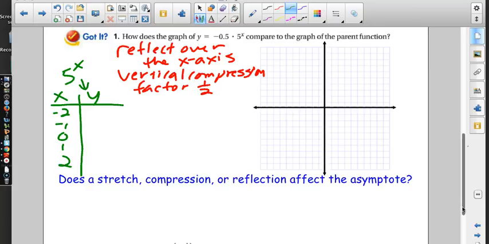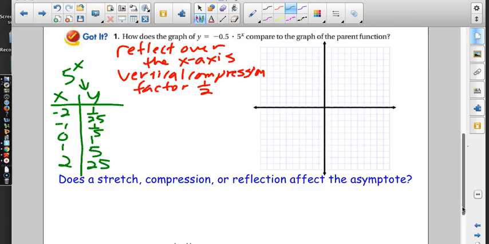Okay. So 5 to the -2. Got to flip it and make it 1/5, and then square it. That's 1/25. 5 to the -1, you just flip it, 1/5. 5 to the 0 is 1. 5 to the first is 5, and 5 squared is 25.